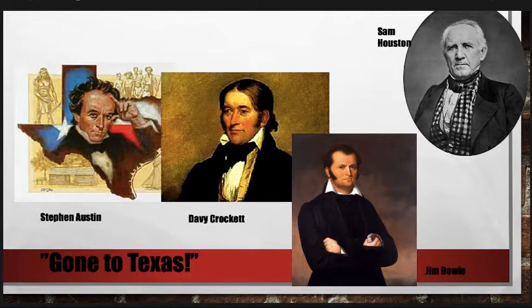So a land speculator by the name of Stephen F. Austin negotiates an agreement with this newly created Mexican government with the understanding that he would bring into the territory of Texas 300 families.